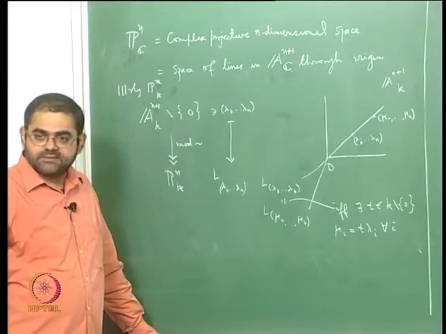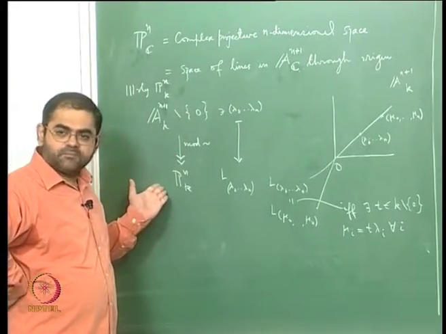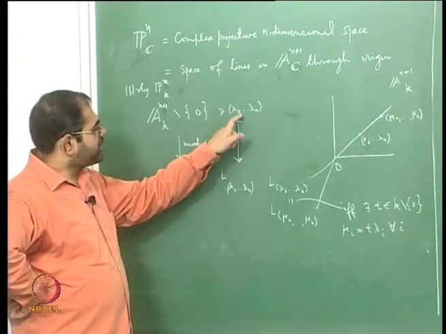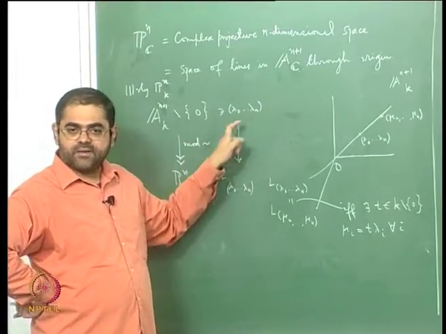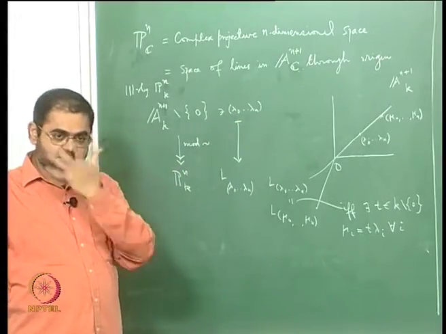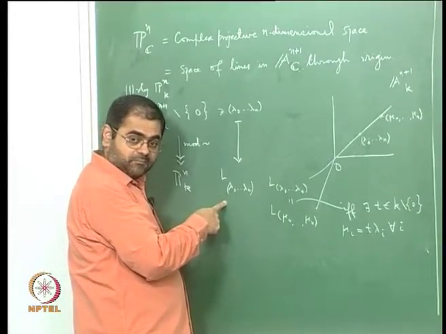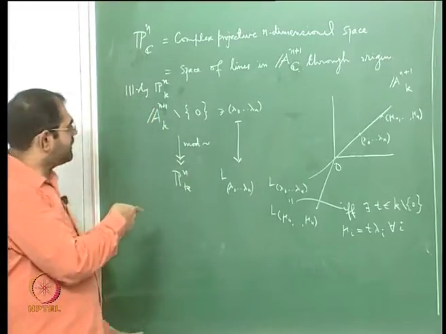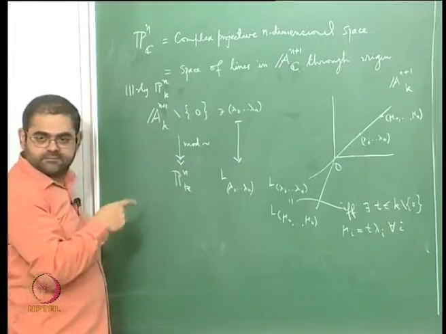If you go modulo that equivalence relation, what you are going to get is precisely the projective space, which is a space of lines. 2 points here are equivalent, namely their coordinates differ by one and the same non-zero scalar multiple, if and only if the lines that they define through the origin are the same. So what has happened is that we have gotten the projective space as a quotient.